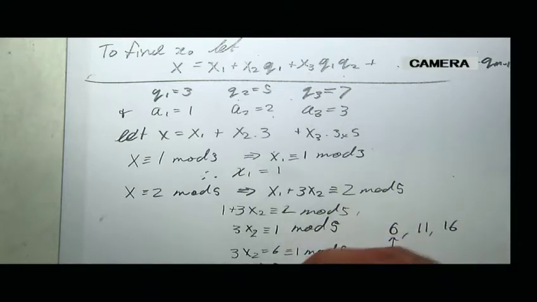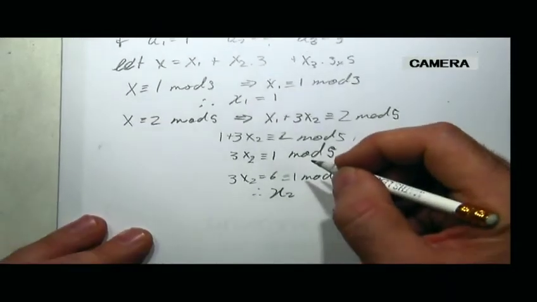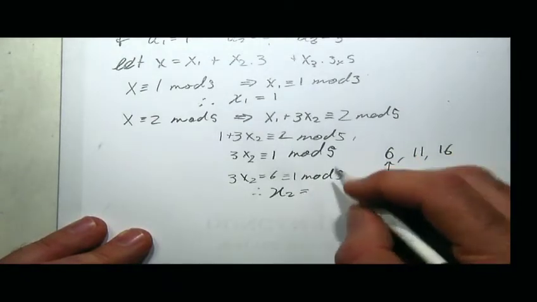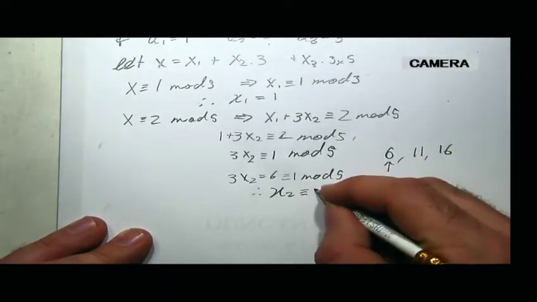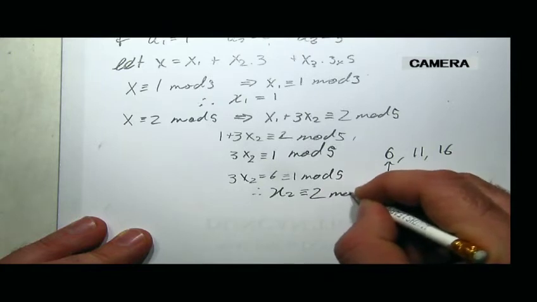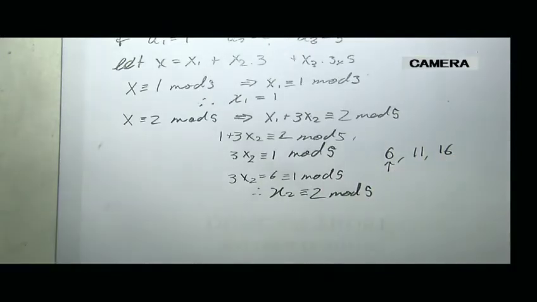So therefore x2 is congruent to 2 mod 5. That's a bit odd, but oh well. Wasn't expecting that. Not going to let it bother me.